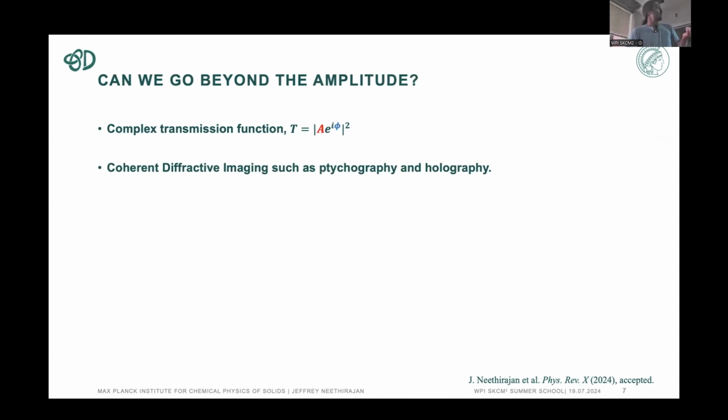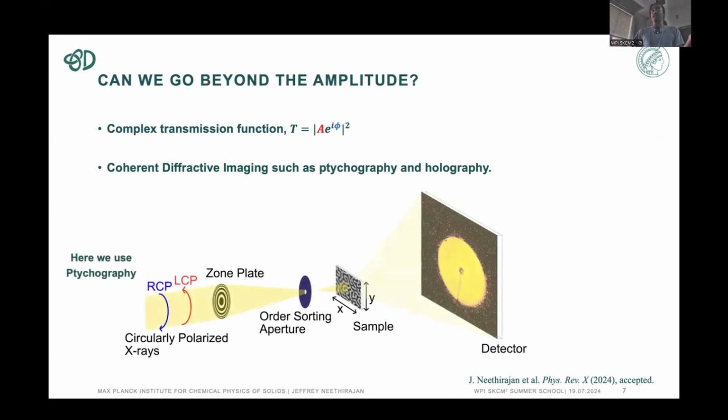These techniques use the coherence properties of the beam, and you measure far-field diffraction patterns after illuminating a sample with X-rays. And with the help of reconstruction algorithms, you can get both your amplitude as well as your phase. I won't go into detail on the technique, but if anybody's interested, I'm happy to chat about it.